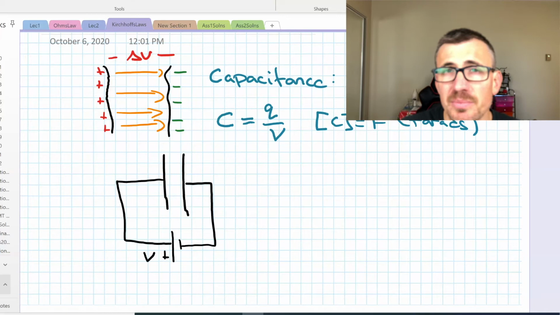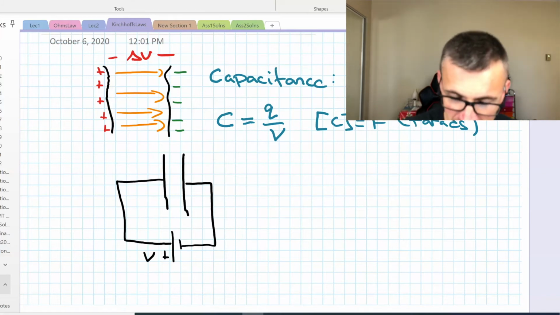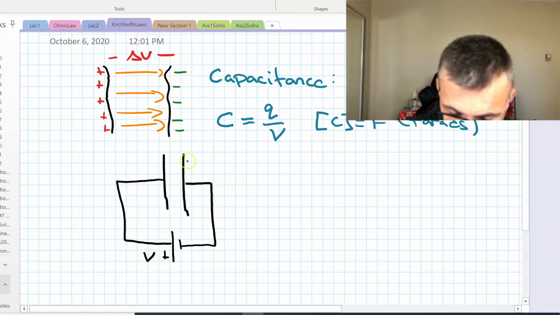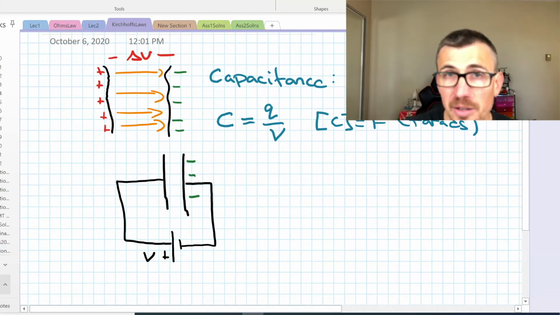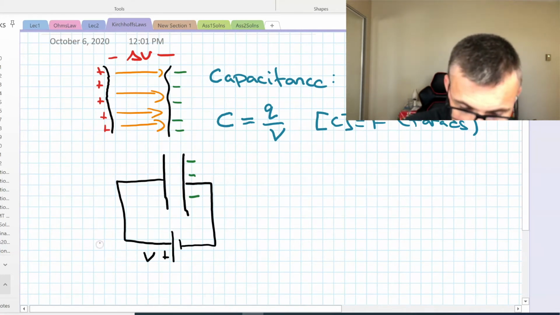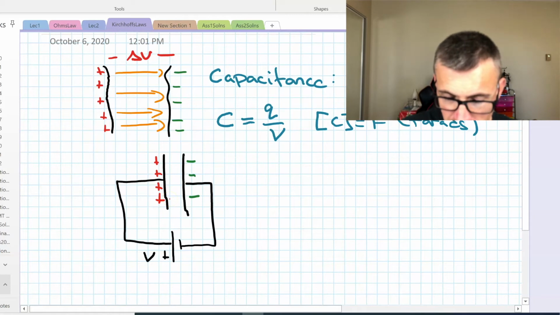Well, I have some negative charges, some electrons, and they are repelled by the negative end of this battery, and they're going to go as far away as possible from it. So we might get a negative charge here and there. Where are they coming from? They're going to have to go through the circuit somehow. So I'm going to get a positive set of charges on the other side of this plate here.